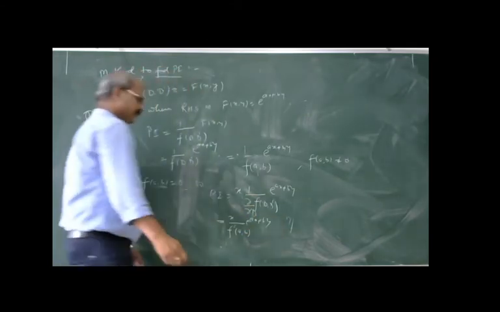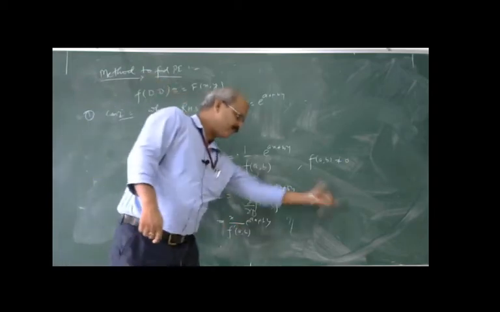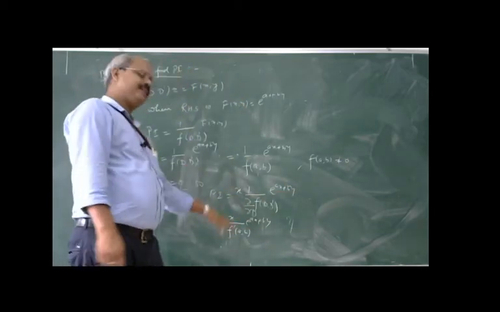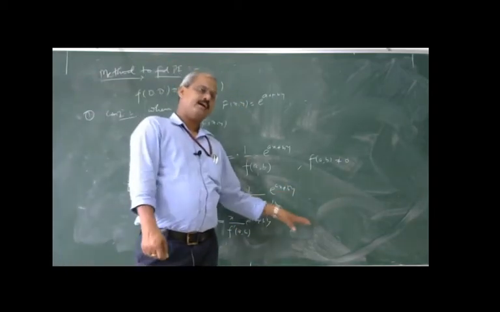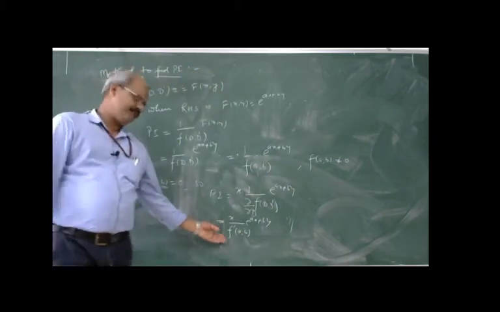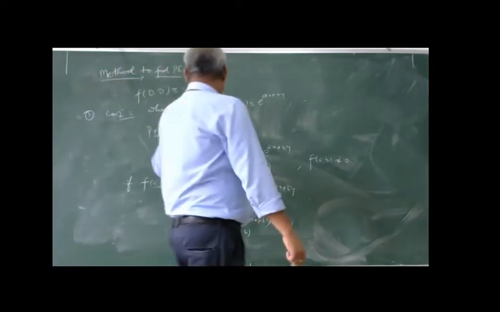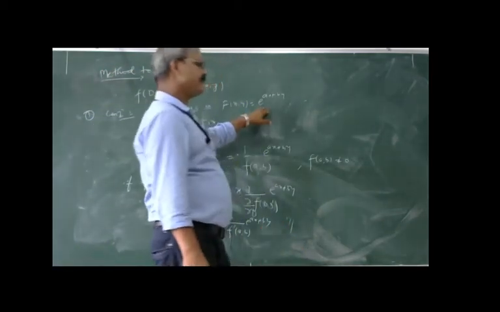But consider the case whenever this becomes 0. So repeat this process until the denominator f of a b or f dash of a b is not 0. That is the particular integral for these cases.